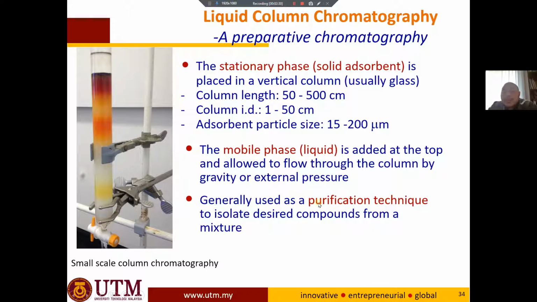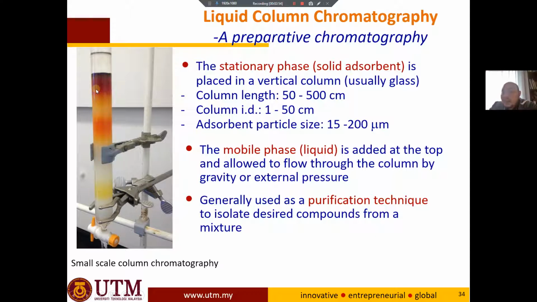Column chromatography is generally used as a purification technique to isolate desired compounds from a mixture. Isolate means that from 10 compounds available in that single mixture, we want to take one. For example, we collect this band, and then this band, and then this band, and then this band.